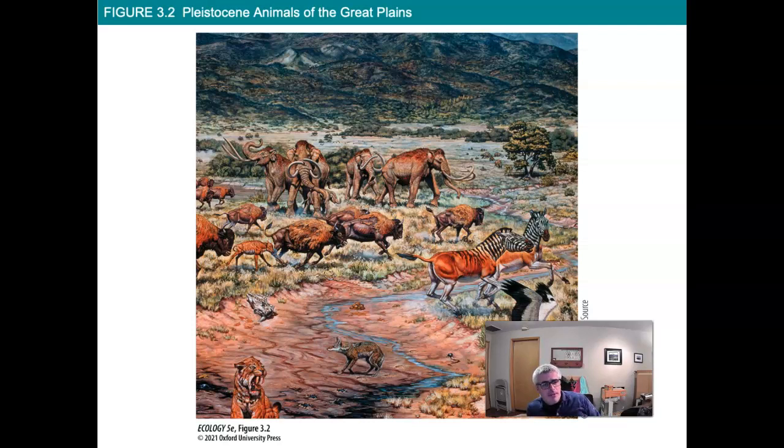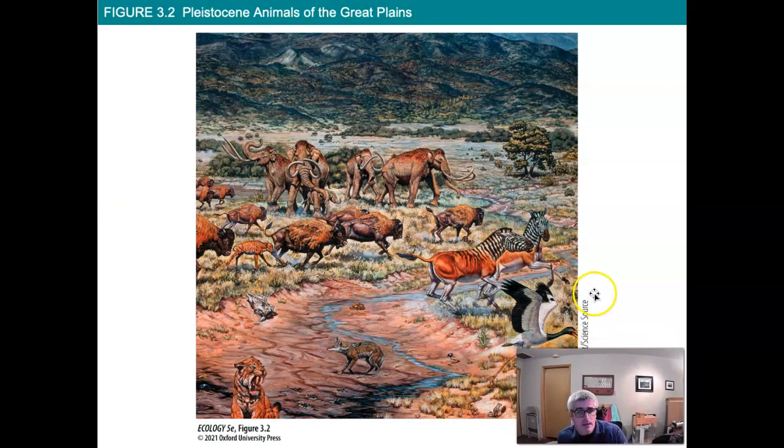If you're not familiar with the Pleistocene extinction, it's pretty fascinating that we had an amazing diversity of large megafauna that all went extinct about 14 to 12,000 years ago. Mastodons, short-faced bears, ground sloths, there's a horse, there's a camel, this massive diversity of animals that all went out around the same time.